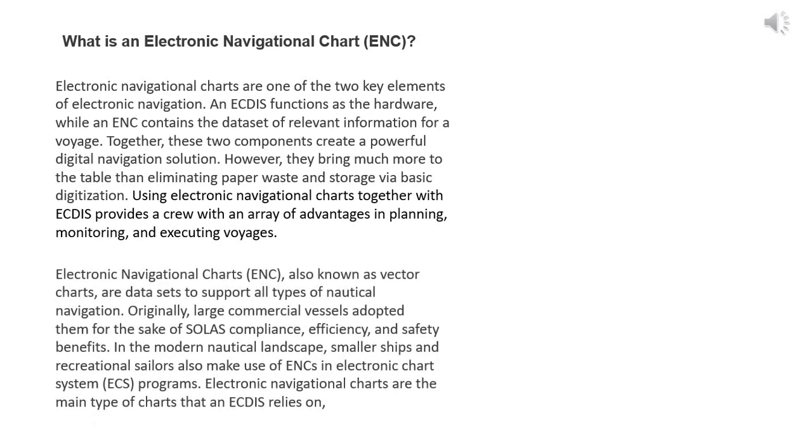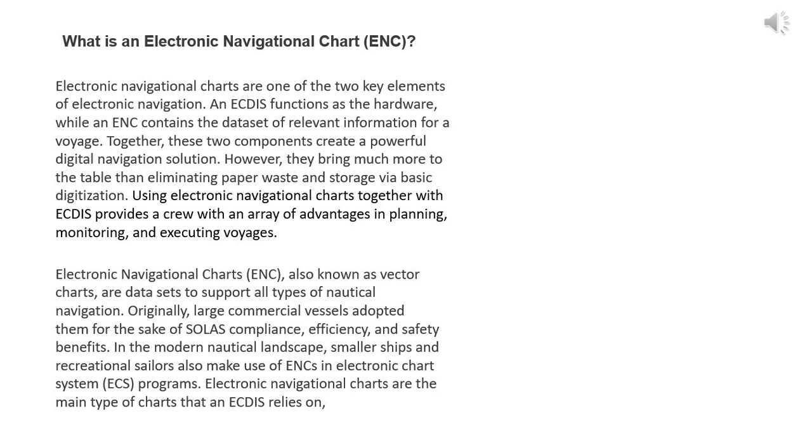Electronic navigational charts, ENC, also known as vector charts, are data sets to support all types of nautical navigation. Originally, large commercial vessels adopted them for the sake of SOLAS compliance, efficiency, and safety benefits. In the modern nautical landscape, smaller ships and recreational sailors also make use of ENCs in Electronic Chart System, ECS, programs.